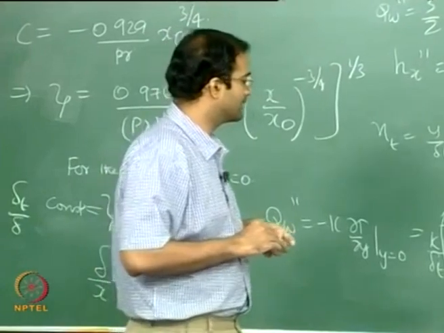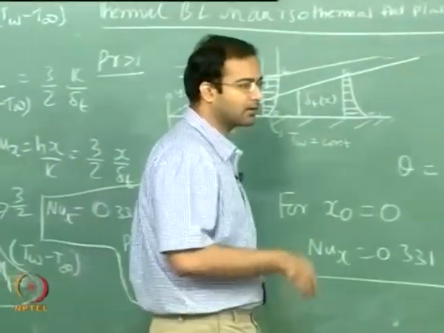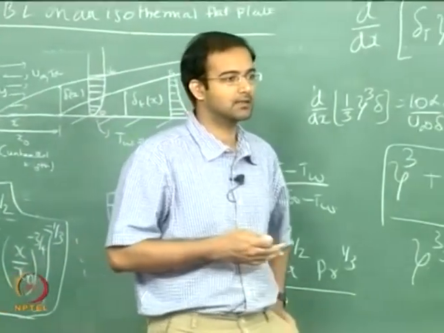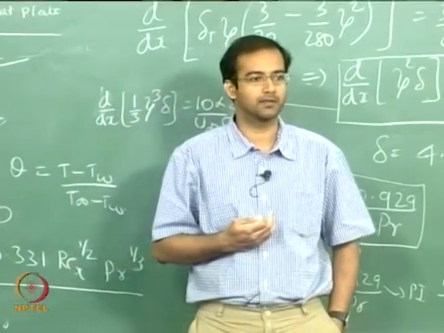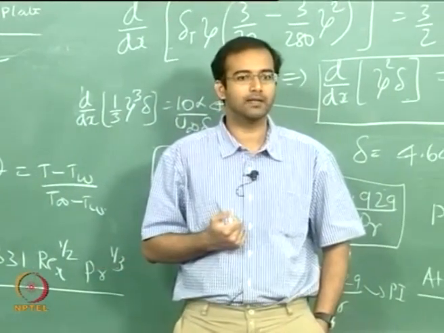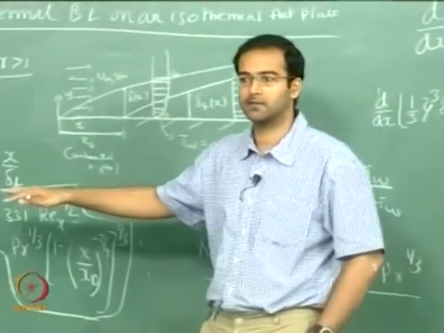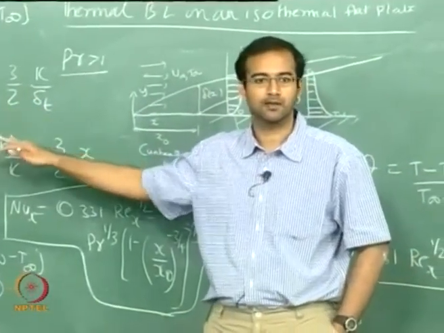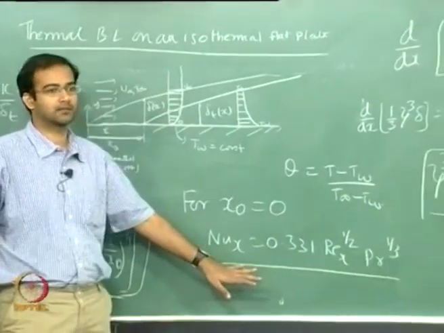Although this looks tedious, it can be worked out by hand, unlike the similarity solution, which needs programming to solve the ordinary differential equation. So in terms of total effort this is much better, and you also get a very accurate result for the heat transfer.